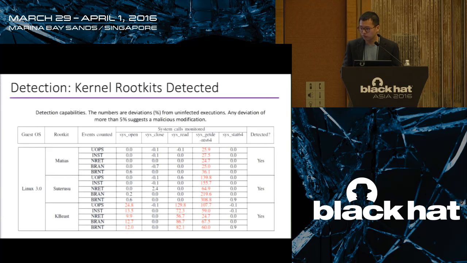Okay. Now, if you take a more detailed look, you find that one of the syscalls that all 3 rootkits try to tamper with is sys_getdents64. If you look at what that syscall is doing, it's basically returning the file names under a certain directory.